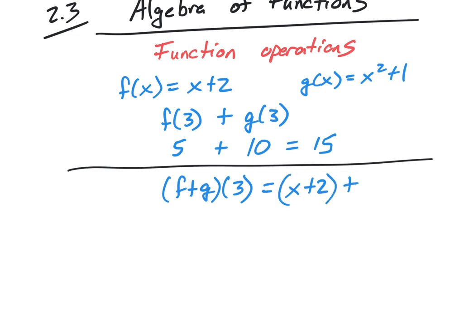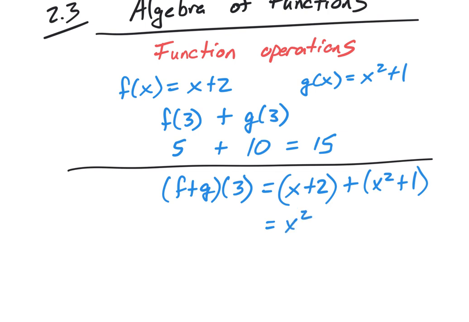I'm going to go ahead and put it in parentheses just because that's the f function. And then we're going to add it to the g function. And the first thing we're going to do is combine these 2 functions together to make a new function. So we're going to combine like terms. I always like to put the x squared first.